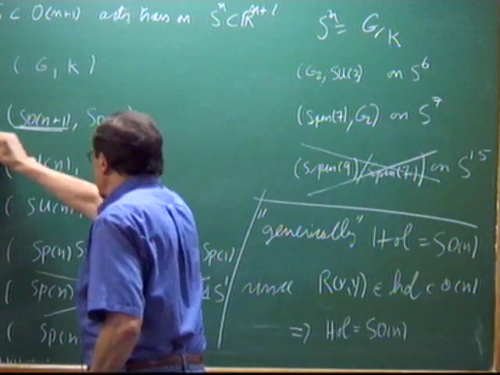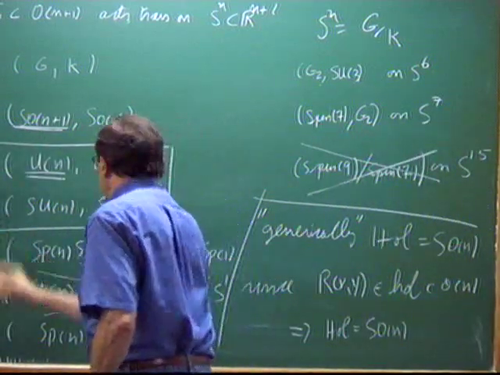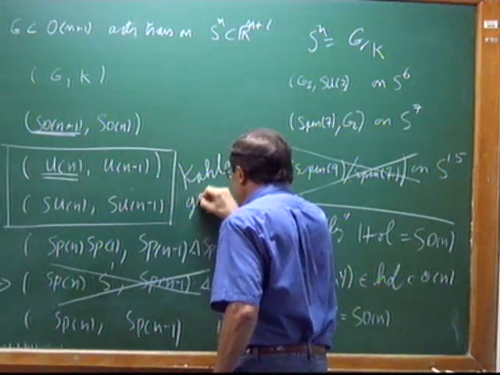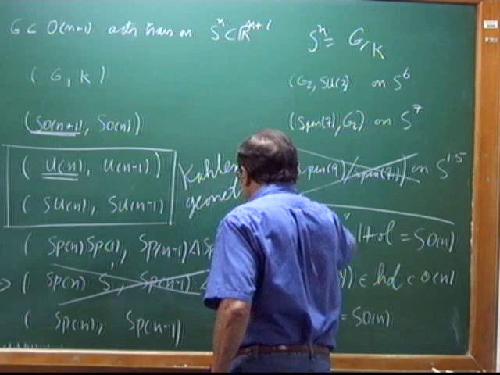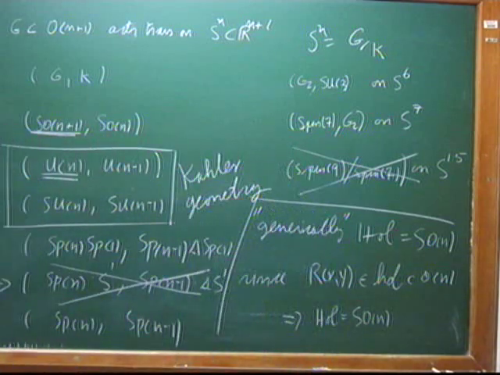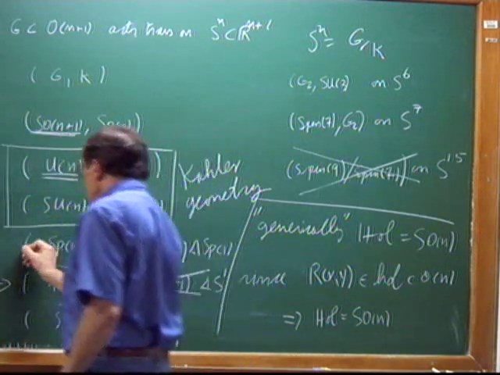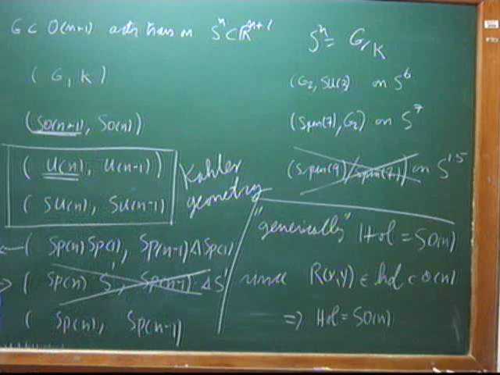So today I want to look at this category right here. So that is supposed to be Kähler geometry. Okay. And then Wednesday or next week, I'll look at the next category. So this one also has a geometry associated, which is called quaternion Kähler.